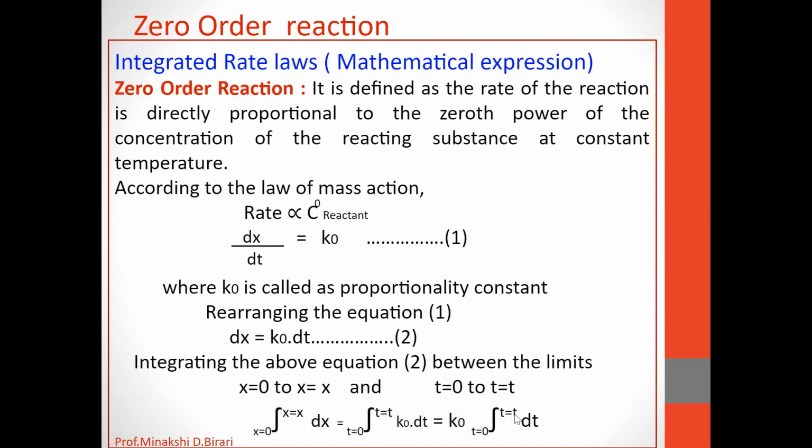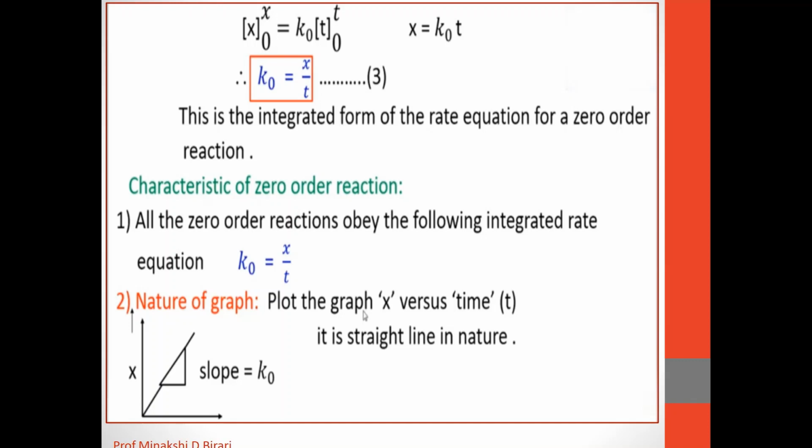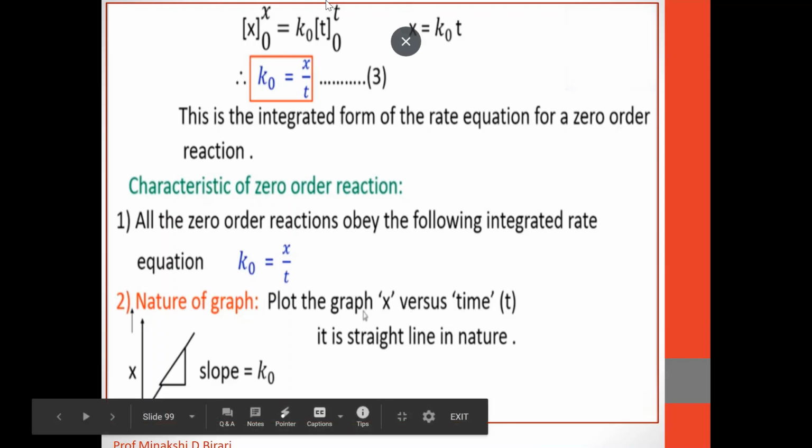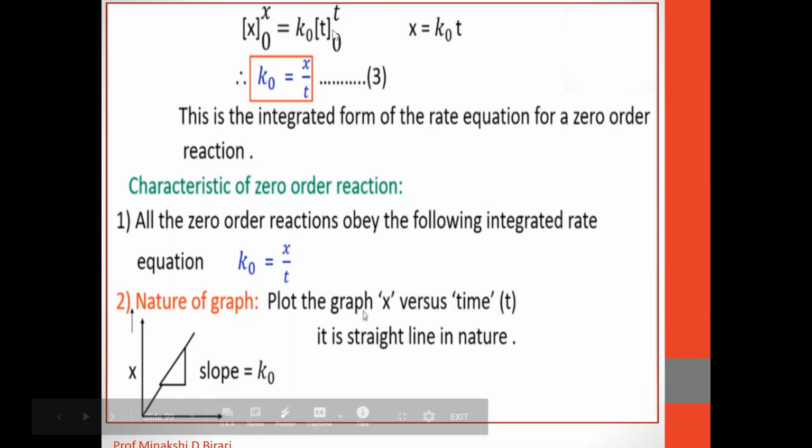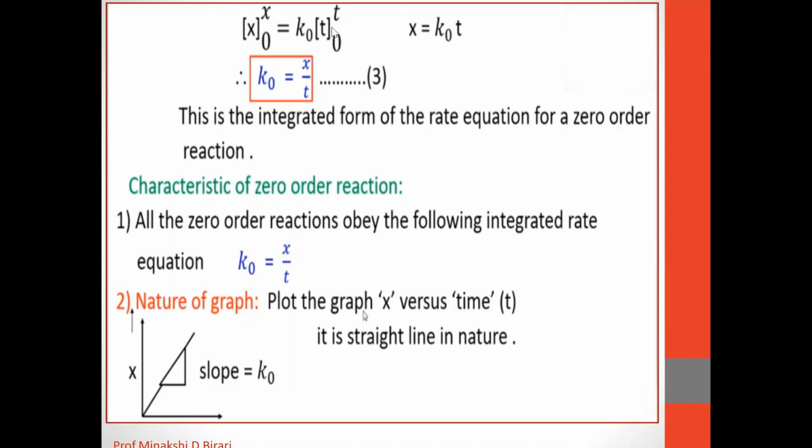Therefore, K0 times the integration of dt from lower limit t equal to 0 to upper limit t equal to t. By taking the integration we get x for the integration of dx, and K0 times t for the integration of dt, between the lower limit 0 and upper limit t.